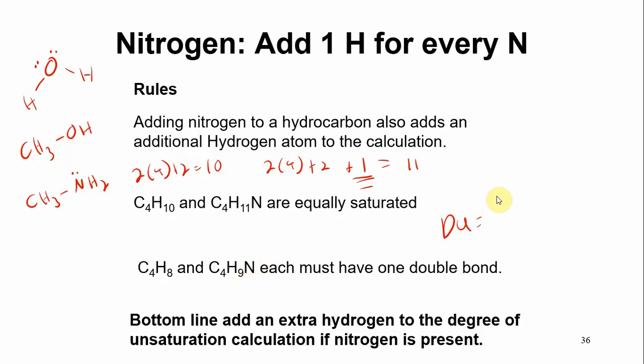So the number of hydrogens in the saturated formula is 11 minus 9. 11 minus 9 is 2, 2 divided by 2 equals 1. See, this formula won't work if you don't add that extra hydrogen for the one nitrogen there. Nitrogen always throws everything off, folks. Always does.